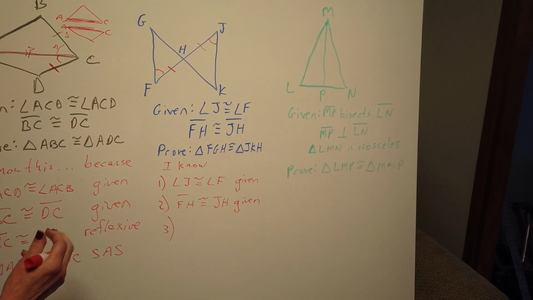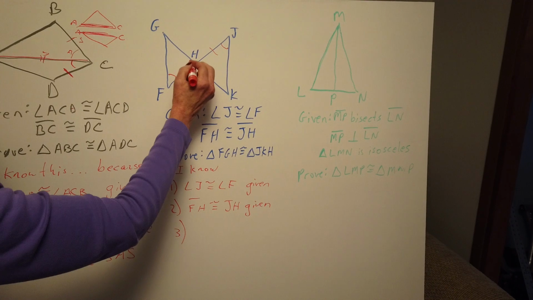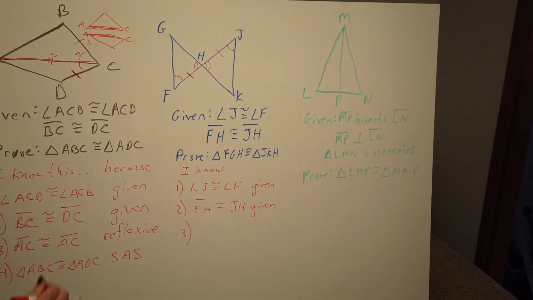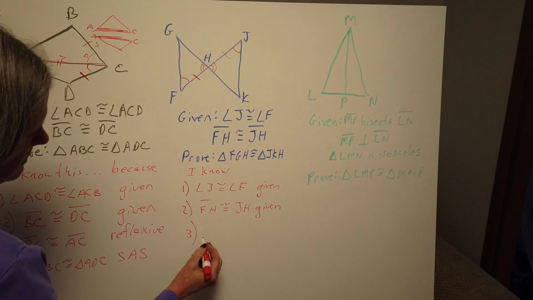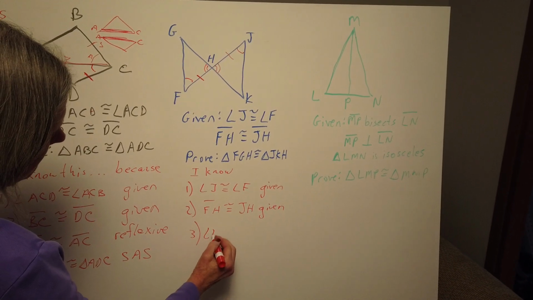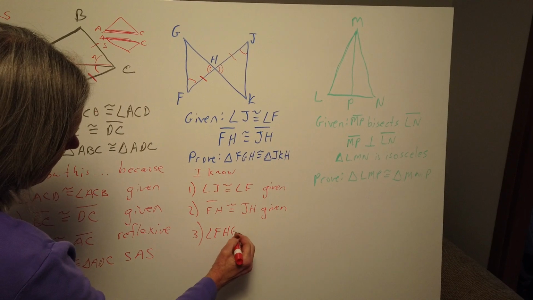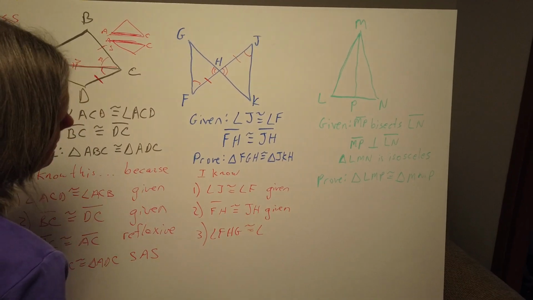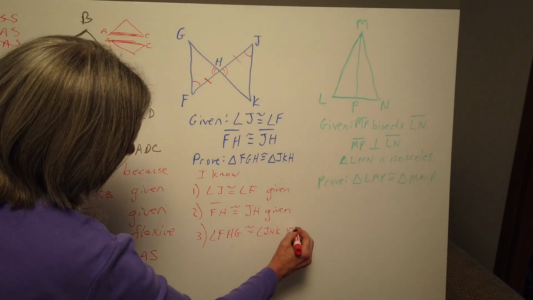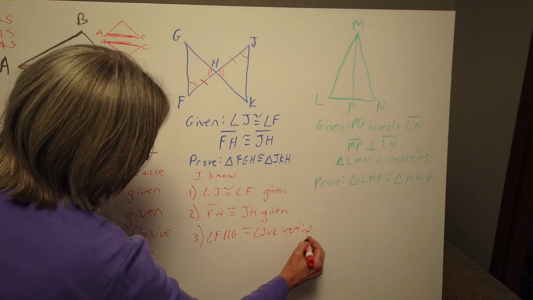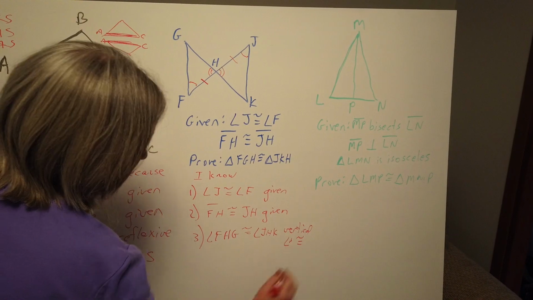Well, anytime I get a bow tie shape, something's happening right here. You studied again back in the transformations unit the idea of vertical angles. So I can say that angle FHG is congruent to angle JHK by vertical angles are congruent.